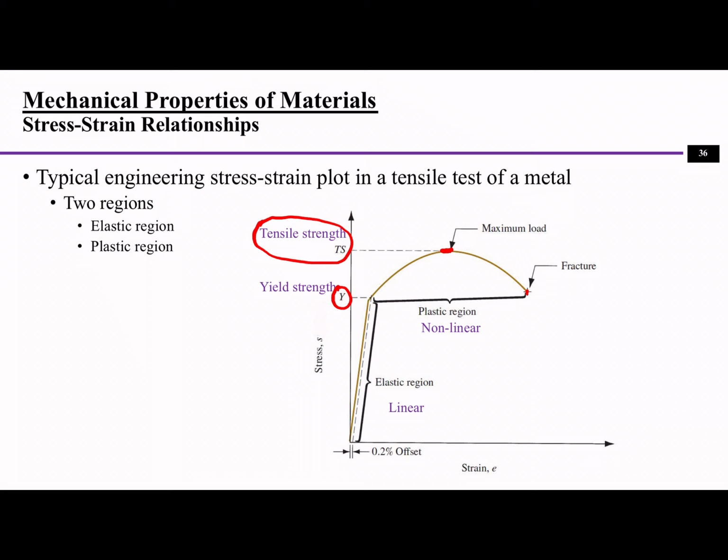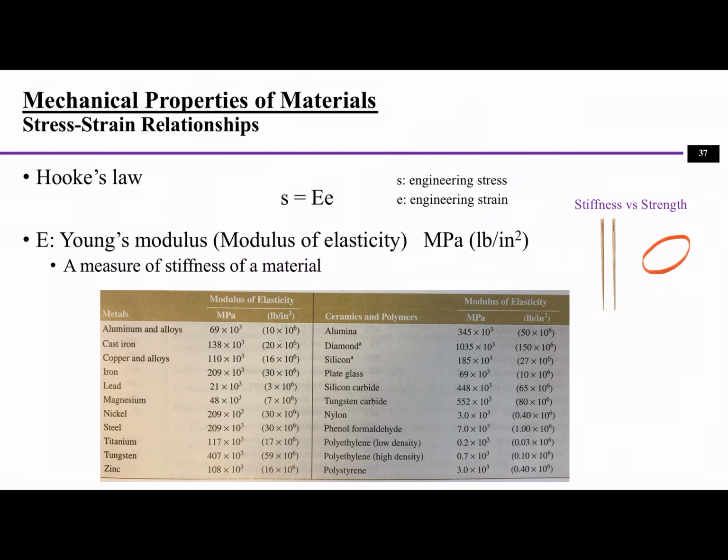This is a typical stress-strain plot, and it is a very important plot, and you need to know how to draw it. You need to understand the different regions and different turning points: yield strength, maximum, and also tensile strength. Because for different materials the plot will be different, and stress-strain is a very important property when you are choosing materials for products, and also in the design of the products.